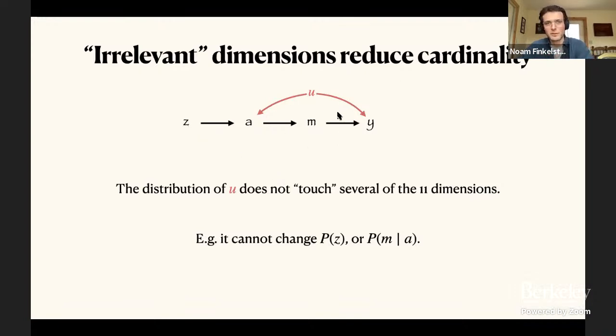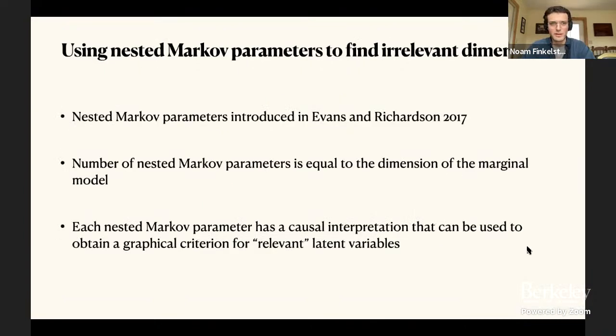The intuition is that no matter what you do to U, you're not going to change the marginal distribution of Z, and you're not going to change the conditional distribution of M given A. No matter what you do to U means you can change its distribution, you can change its cardinality, you can do whatever you want. And so in some sense, we should get a discount for these points that U isn't going to be able to change. So how do we encode that?